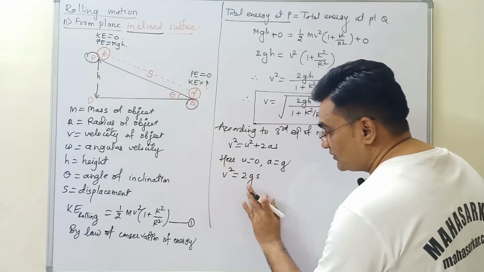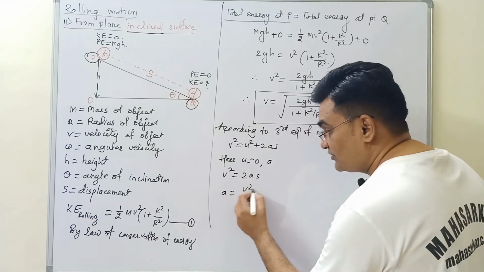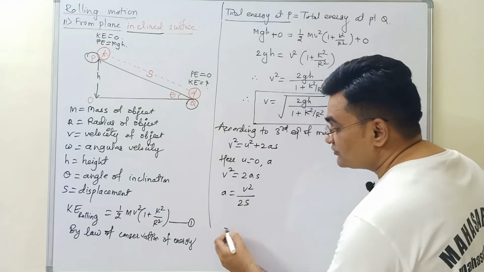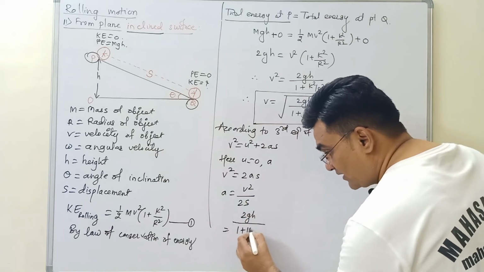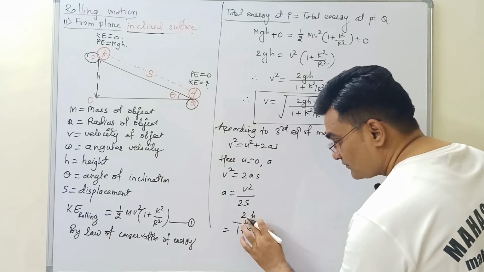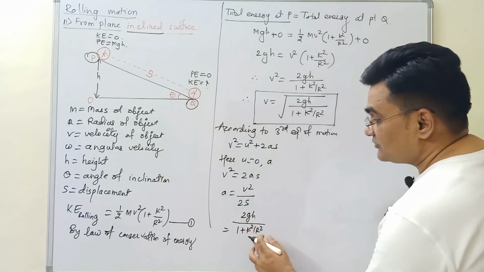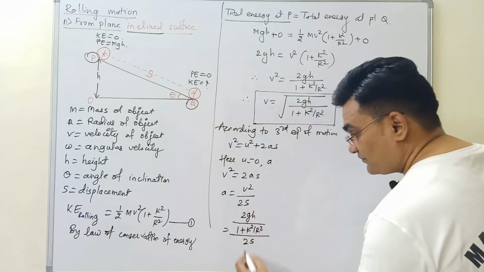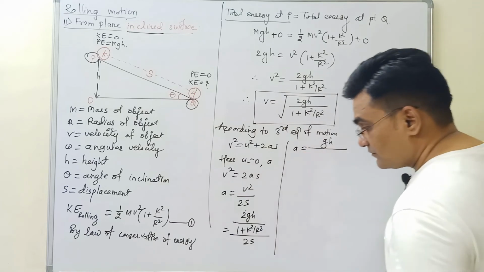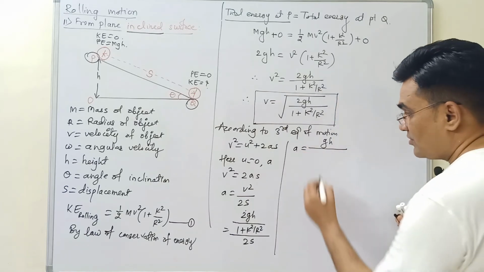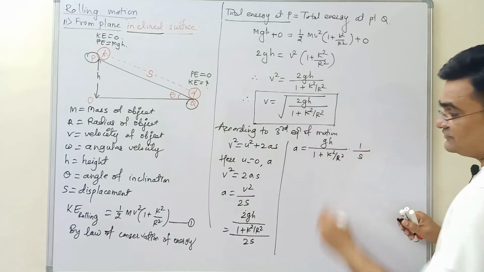Now let's find the acceleration: a is equal to v square upon 2s. Substitute the value of v square: 2gh divided by (1 plus k square upon r square), divided by 2s. Look, the 2 cancelled, so acceleration is equal to gh divided by (1 plus k square upon r square) into 1 upon s, as we can write.